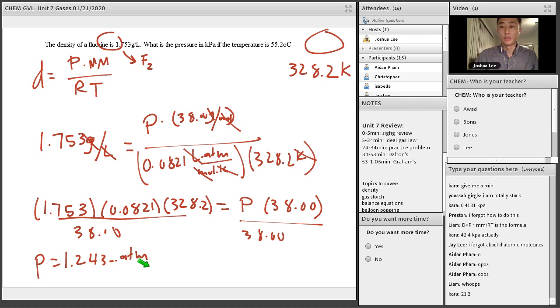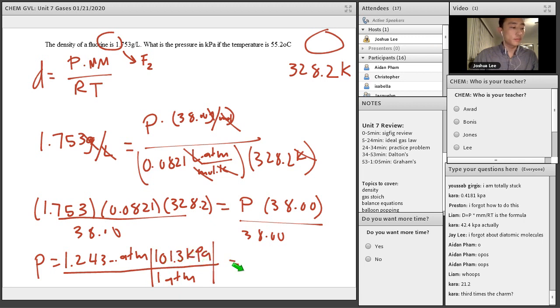Did nobody get the right answer? So we have to convert the atmospheres into kilopascals, which is 101.3 kPa. So the correct answer is, I don't think anyone got it.